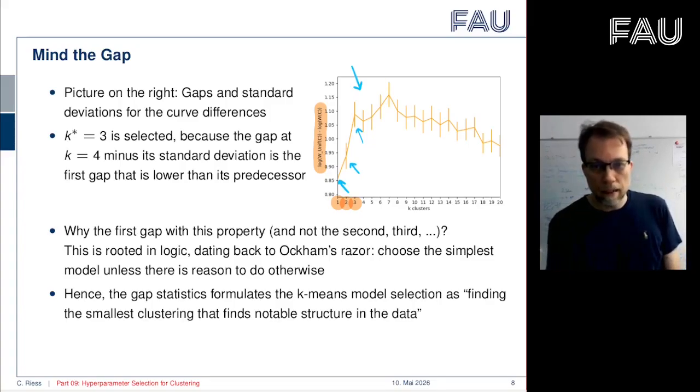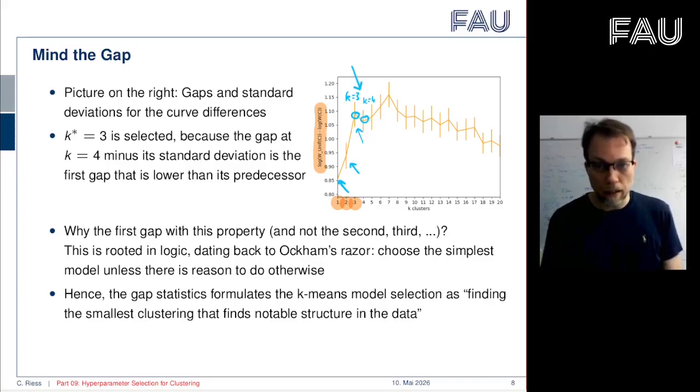And now our selection criterion is: let's check the difference that we have for k. Here k equals 3. This will be the value that will be selected in a second. Let's compare this to the difference for k equals 4 minus a standard deviation.